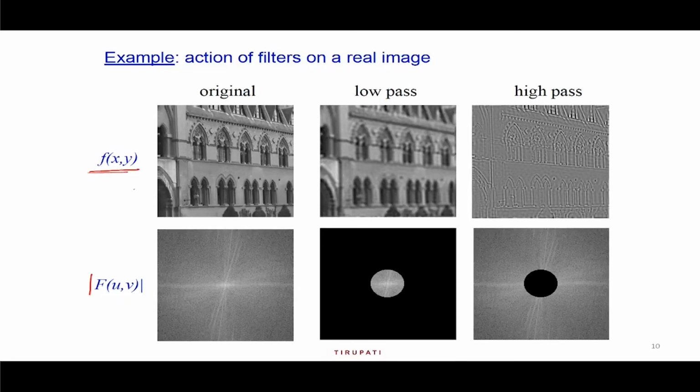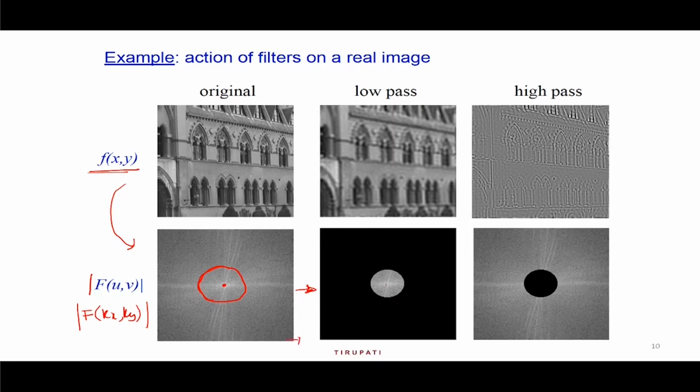This is your image for which I have computed, let's say, f of kx comma ky. Here I am showing you the magnitude spectrum of it. Now you just retain the low frequency content around the center, and you make the rest 0. This is what you want to have as your frequency spectrum.